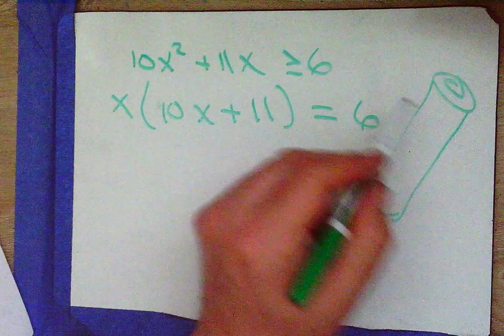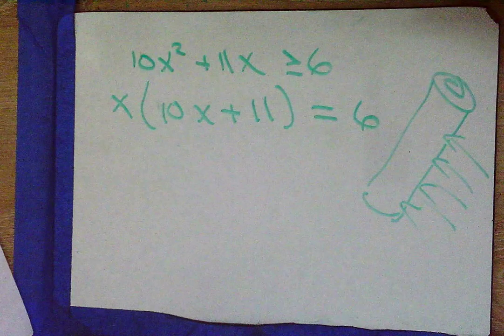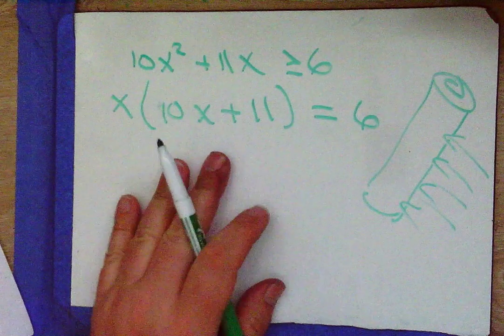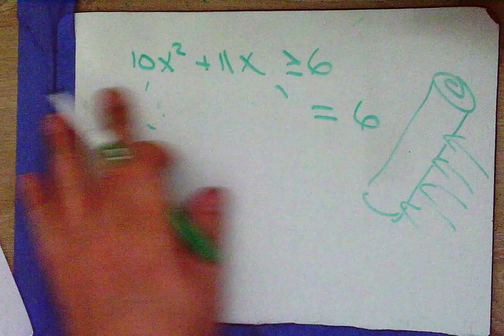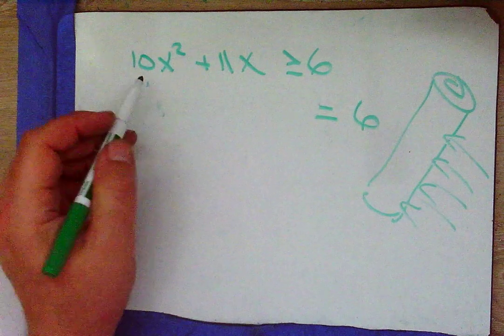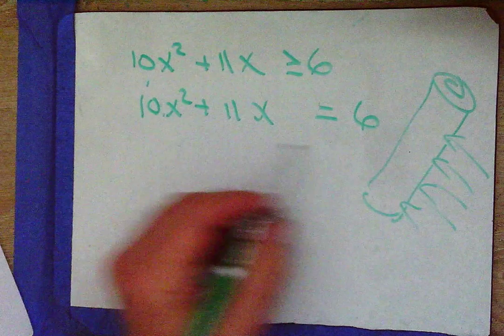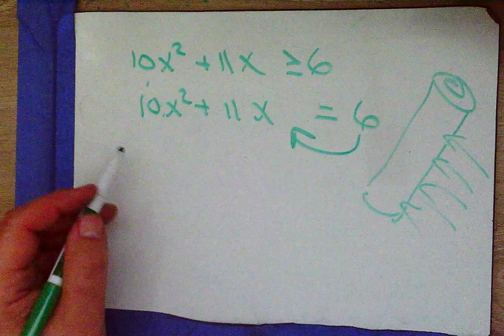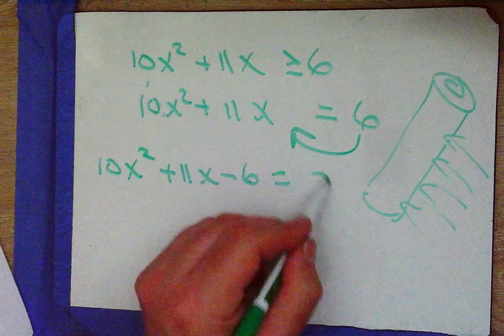I like that equal sign, but no. You're going the wrong way. You got 10x squared plus 11x equals 6, and then you move the 6 over. So I've got 10x squared plus 11x minus 6 equals 0.